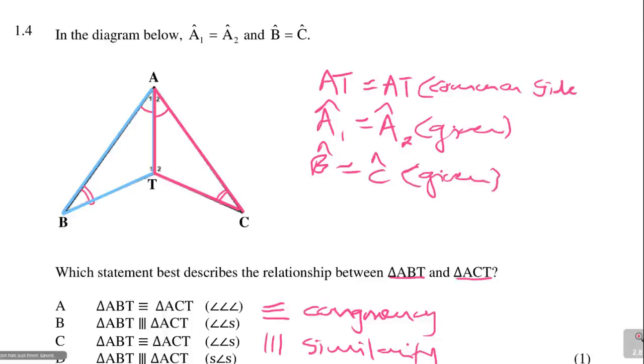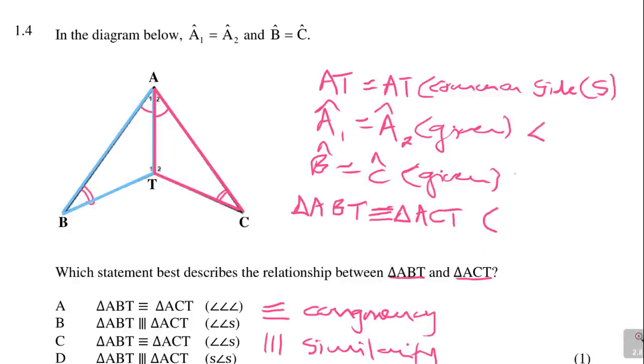So what can you say? Therefore triangle ABT is not similar but is congruent to triangle ACT. But what is the reason? Look at it. We have a side, which we call S, this is an angle, and this is an angle.